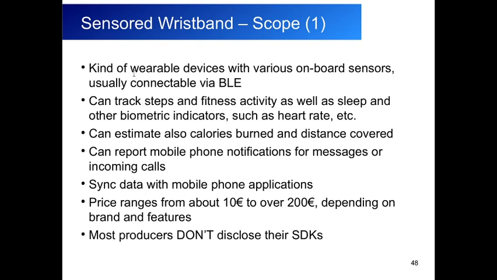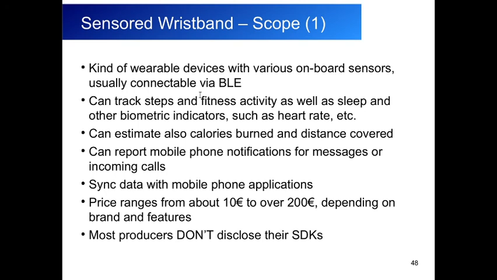And finally, we have the sensor wristband, which is the wearable device that typically has a different range of prices depending on the features that they provide, but there are very, very cheap ones like the Xiaomi Mi Band 4, which is very powerful and cheap.